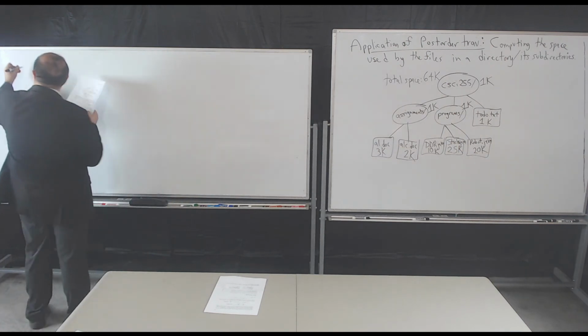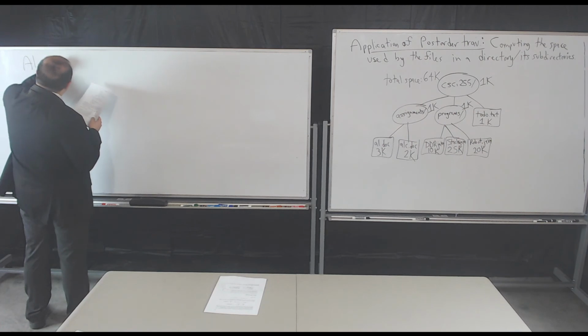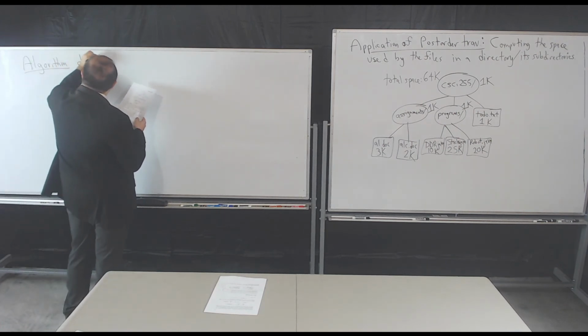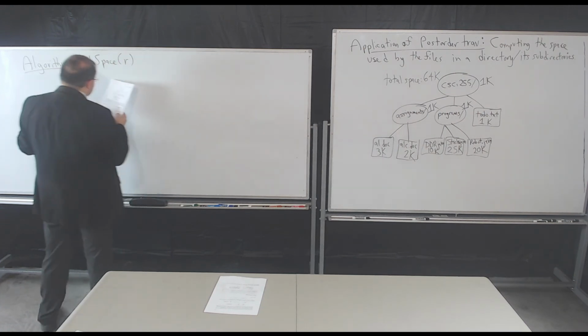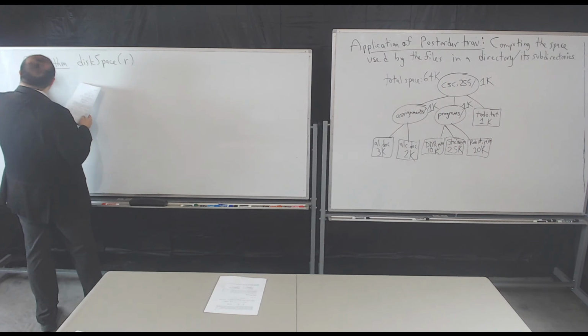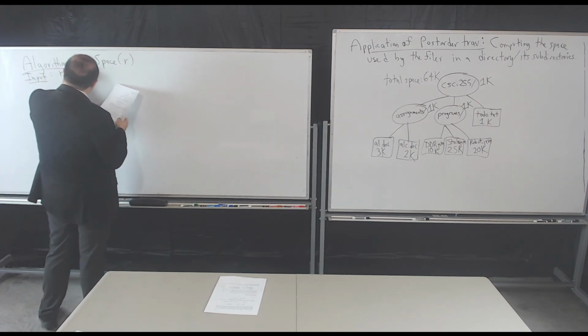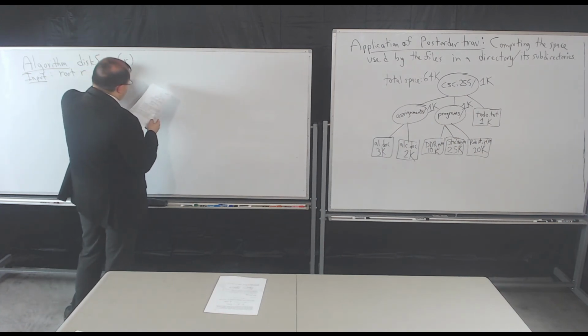So let me write out an algorithm for you that captures this idea. Here's the algorithm. I'm going to call it DiskSpace, and it's given R. Input is as follows: it is the root R, the root node of a file system tree.